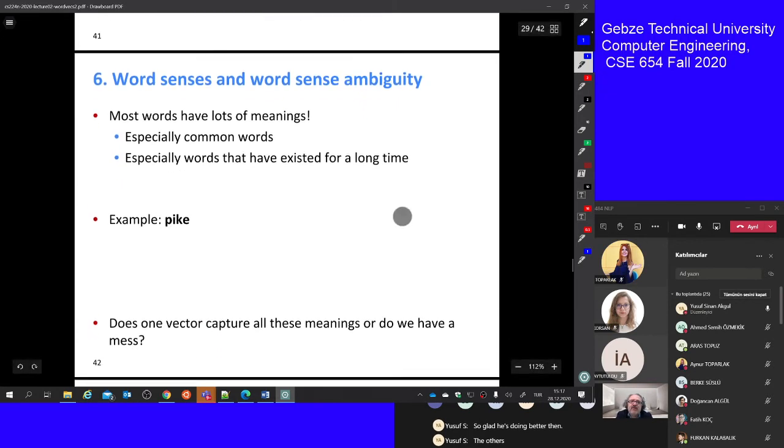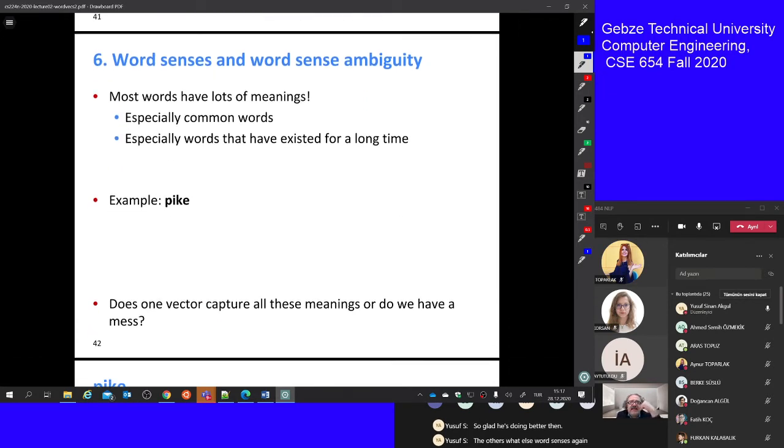What else? Word senses. Again, I think I looked at this problem a little bit. The idea of assigning a vector to a word is nice, but a word doesn't have a single meaning. A word has many meanings, so it makes sense to assign different word vectors to different meanings of words. For example, pike.